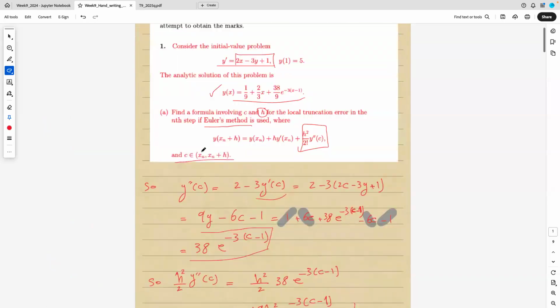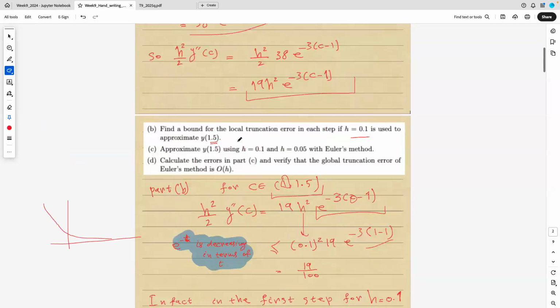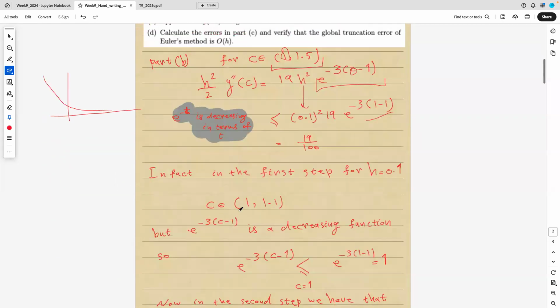So if we refer here, c is belonging, in each interval, to xn comma xn plus h. So it means 1 and 1 plus 0.1. Okay, so that's why I have written the same thing here. C belongs to 1 comma 1.1.